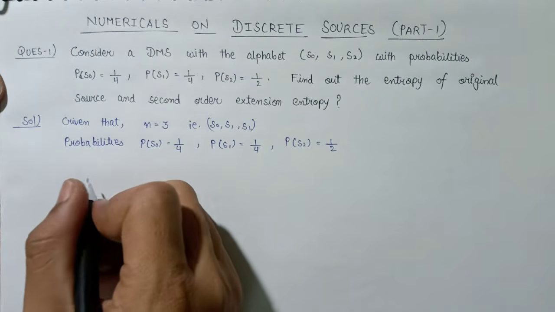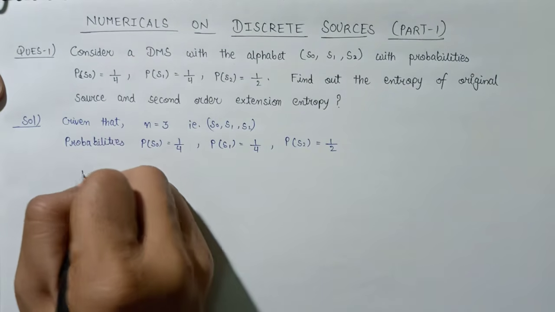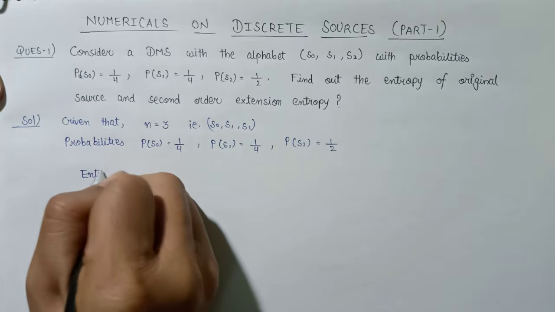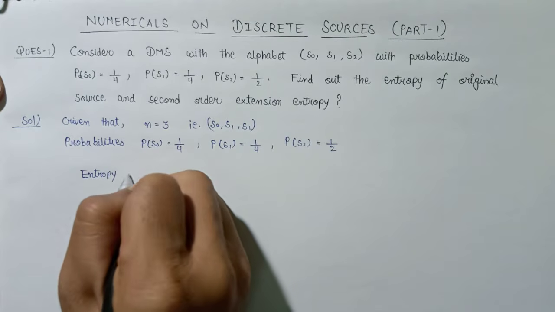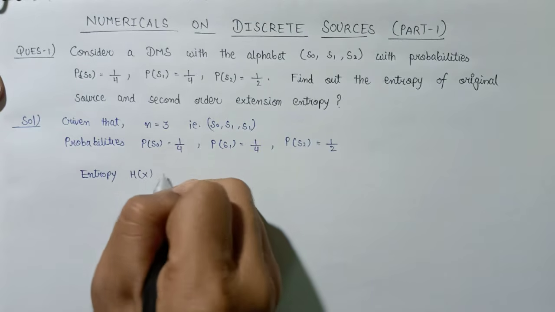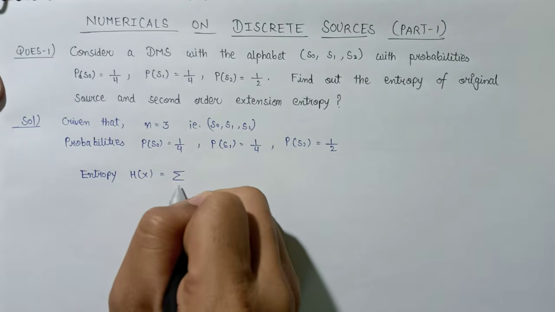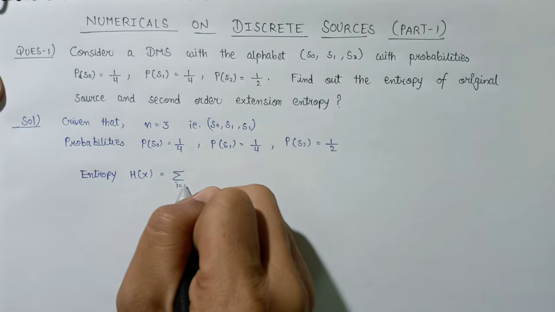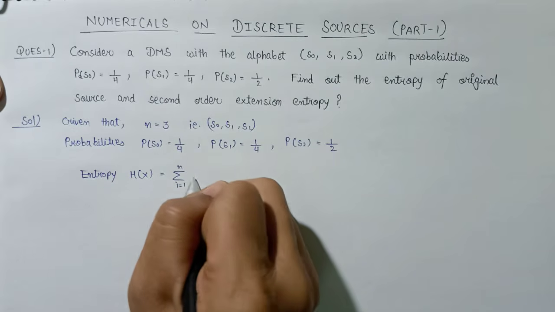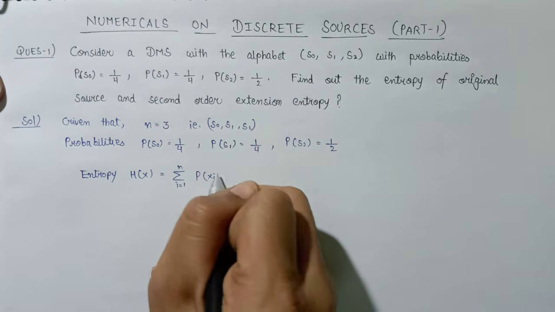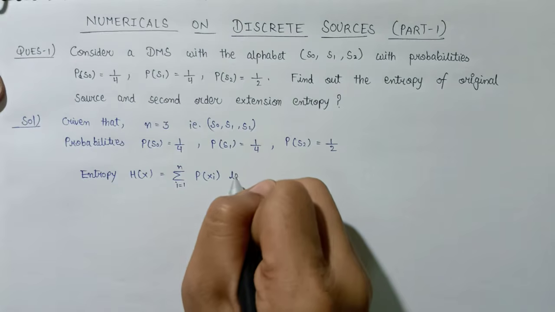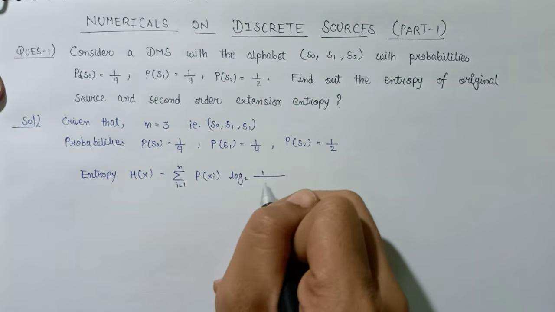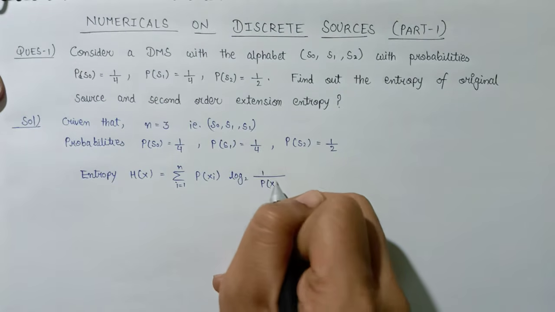Now let's calculate the entropy. The entropy is denoted as H of X, which is given as the summation over i from 1 to n of P of xi log base 2 1 over P of xi.